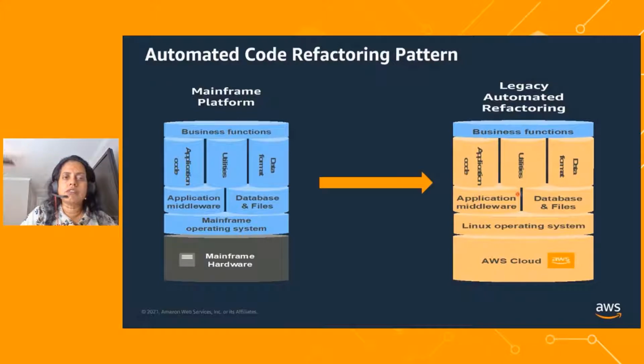Your entire software stack has changed to a modern technology stack, whether it's your operating systems, your databases and files, any application middlewares, the code, as well as utilities that may exist on mainframe, and your actual data itself. All of this has been transformed into a modern technology with this particular pattern.